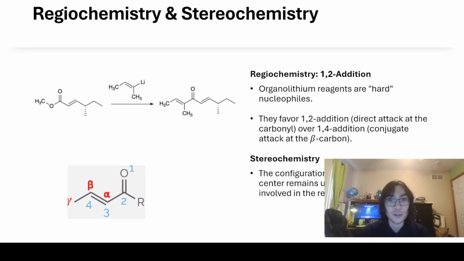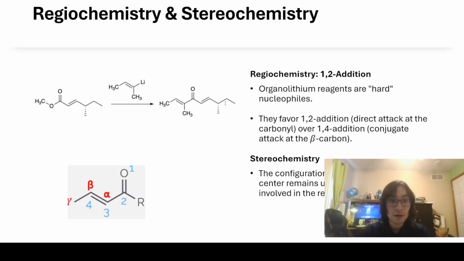Now for the regiochemistry and the stereochemistry. The reason why vinyllithium attacks the carbonyl directly instead of performing a conjugate addition is because vinyllithium is a hard nucleophile, as stated before.